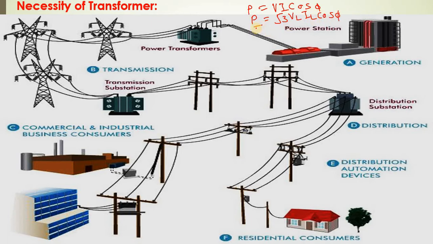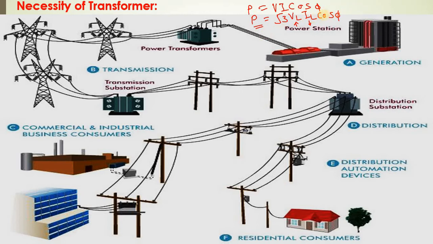If we keep P constant and we want to transfer this power over a long length, then either we have to increase the voltage level or we have to increase the current level. By increasing the voltage level, the current magnitude will decrease.